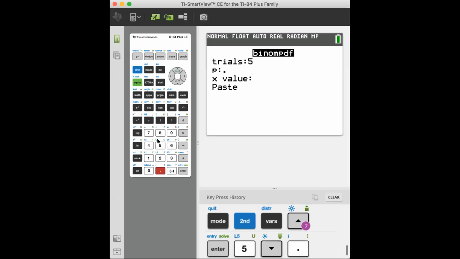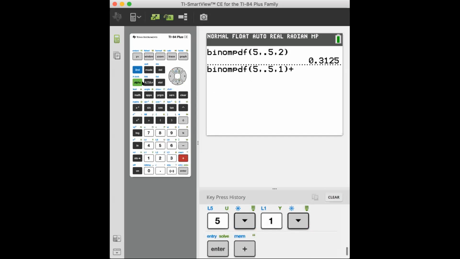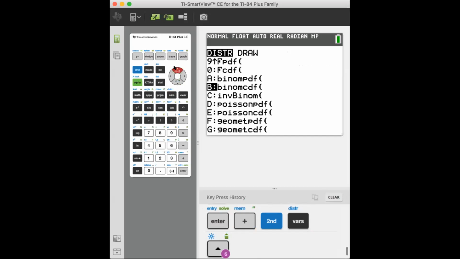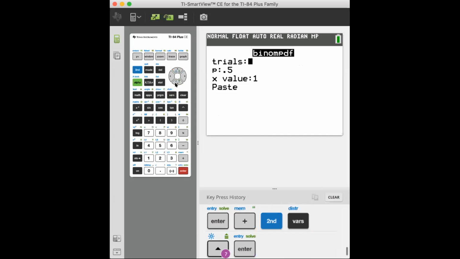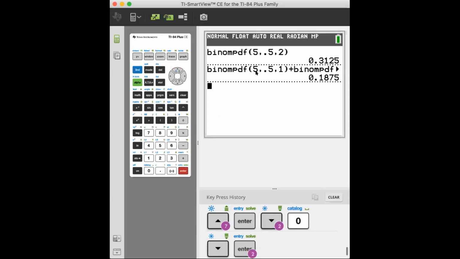Still 5 babies, probability that a baby is a girl is 0.5, and the probability of getting 1 plus 0. You can just add those up and find the probability of getting exactly 1 or exactly 0 girls, and you get 0.1875.